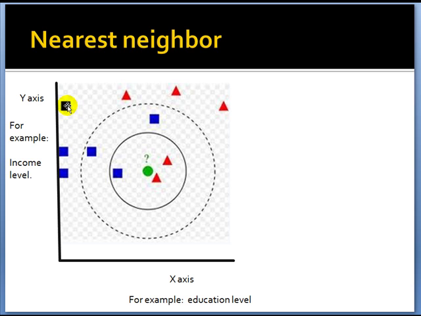This is a past example. And this one over here is someone whose education level was very low, but their income level was kind of average, in the middle in terms of height. They also defaulted on their loan.